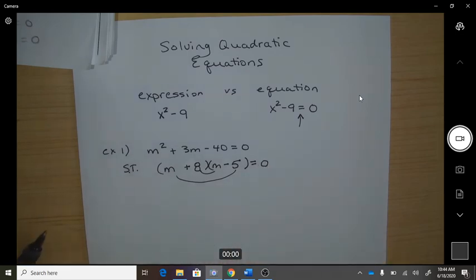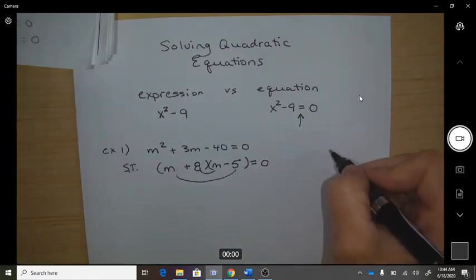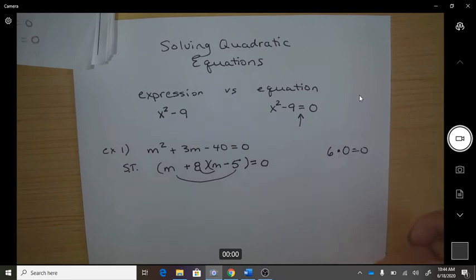So how do you ever multiply something to make 0? So, for instance, 6 times 0 is 0, right? Or 0 times 10 is 0. In other words, in order to multiply to 0, at least one number has to be 0.